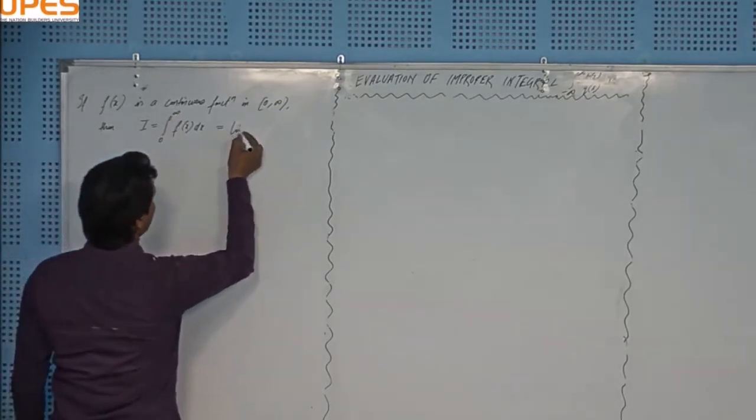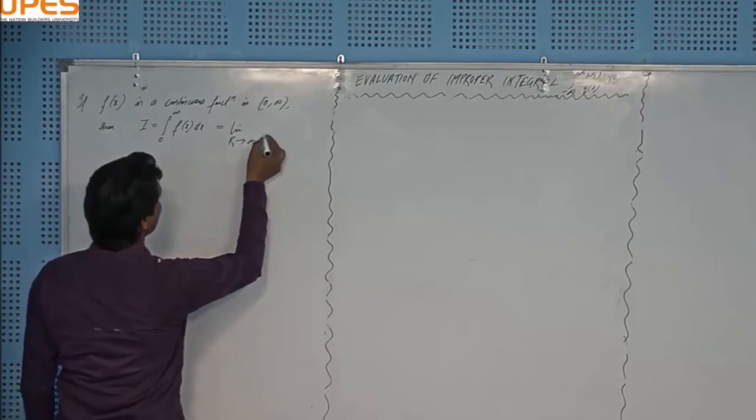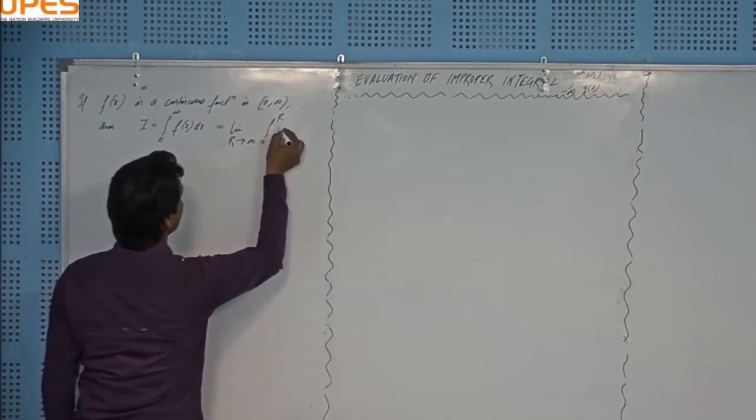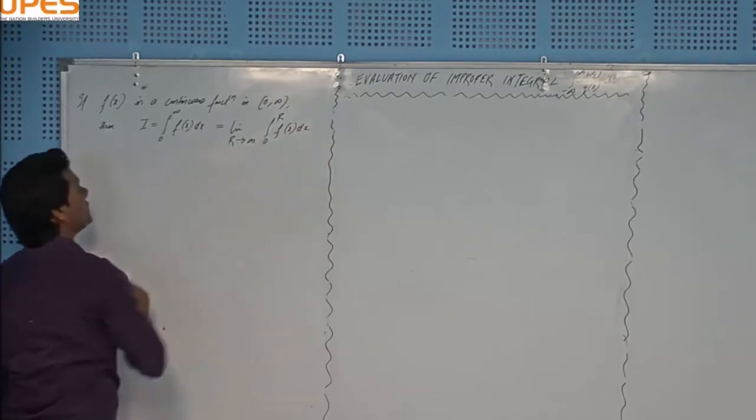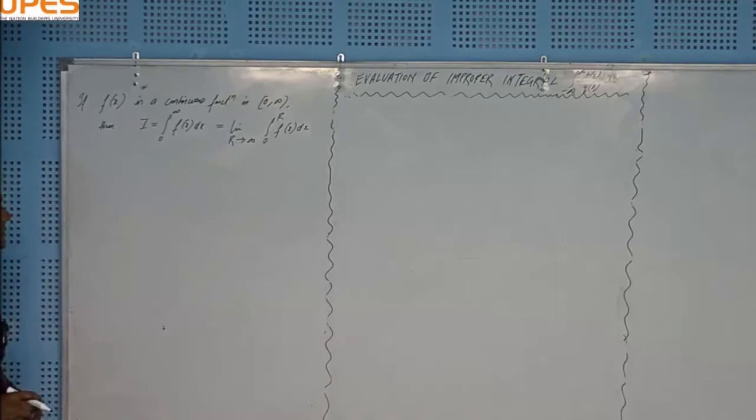It can be evaluated by writing limit R tends to infinity, 0 to capital R f(x) dx. This is how we evaluate an integral of this form, right?